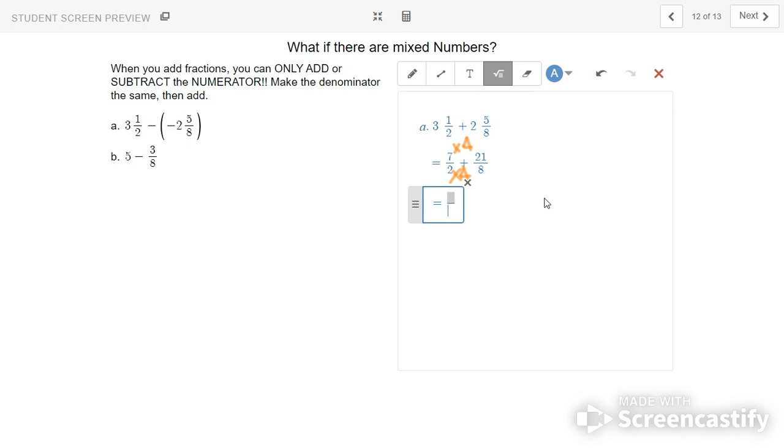I have 8, and the numerator is 7 times 4. That's 28 plus 21 over 8. And then when we add it together, we have 49 divided by 8. Leave your answer as an improper fraction, and that's good to go.